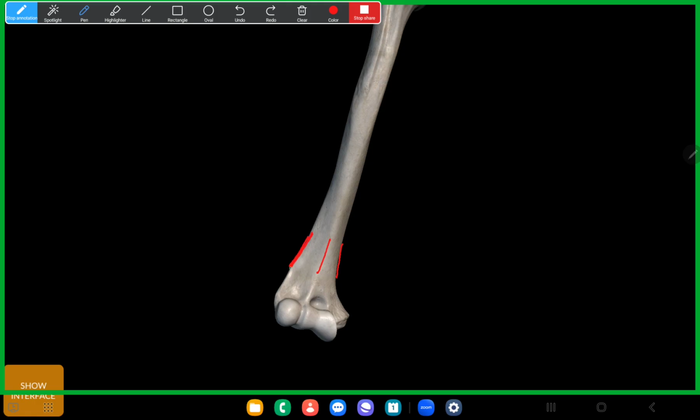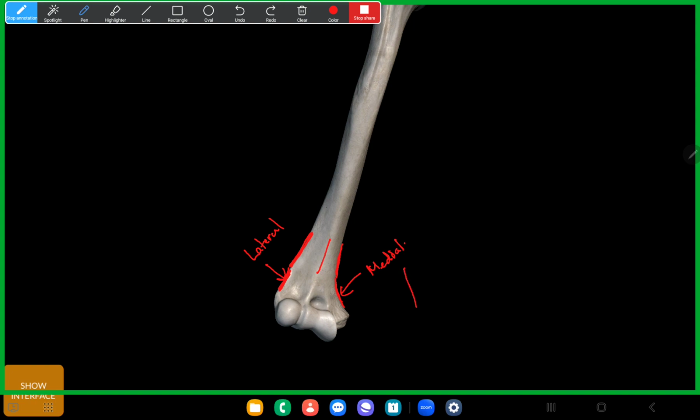This lateral border is a sharper border and it continues as the lateral supracondylar ridge. The medial border continues as the medial supracondylar ridge.